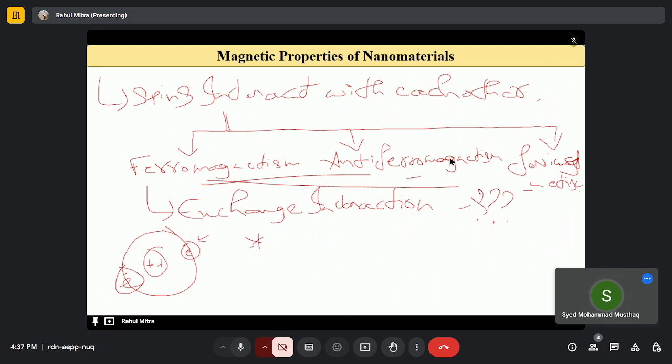Now, if I go to an excited state, what happens? One electron can be in 1s, and another electron can be in the 2s orbital, or one electron can be in 1s and the second electron can be in the 2p orbital. These are the two cases: it can be either in 2s or in 2p.